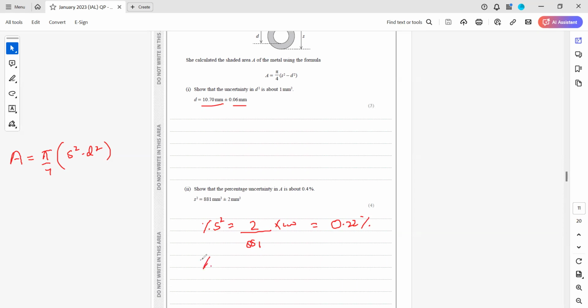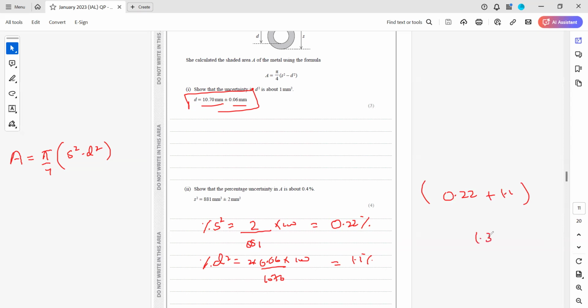And what is the percentage uncertainty in D square, which we worked out? It was 0.06 divided by 10.70 and multiplied by 100, and then the total is multiplied by 2 because this is D squared. So that was 1.1%. And the total is 0.22% plus 1.1%.